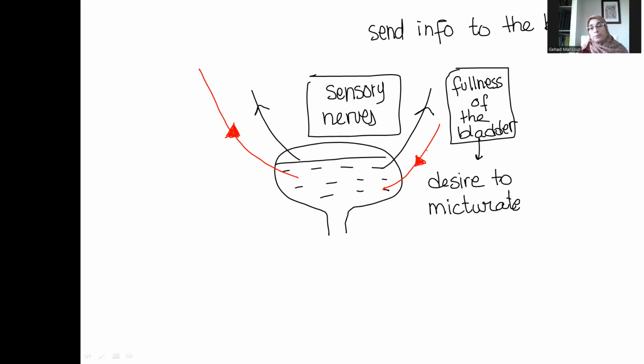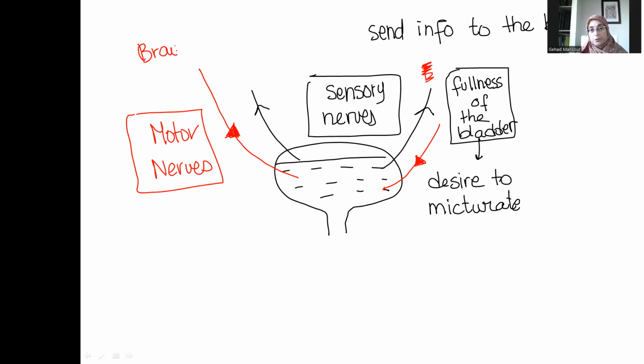Notice, of course, that the direction of the black nerves, or the sensory ones, is towards the brain. They are ascending upwards, whereas the motor nerves are descending downwards from the brain. We get motor orders to the urinary bladder to contract and evacuate the urine.